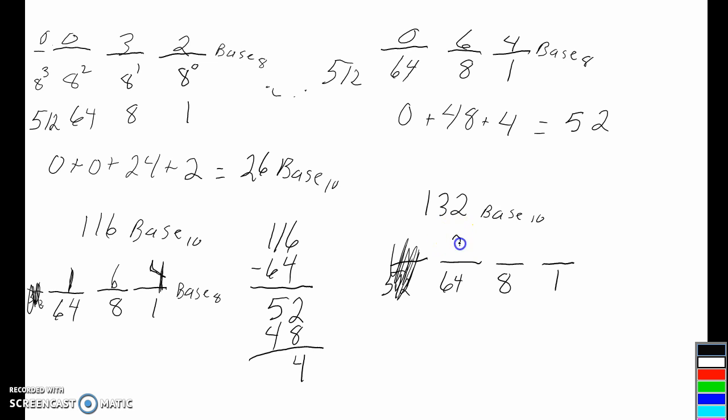Yes, it goes in there twice. Okay, and that's 128 out of 132, and the remainder in this case is just 4. Can 8 go into 4? No, so we put a 0 there. Okay, and we have 4 remaining, so 204 is my octal. Base 8.